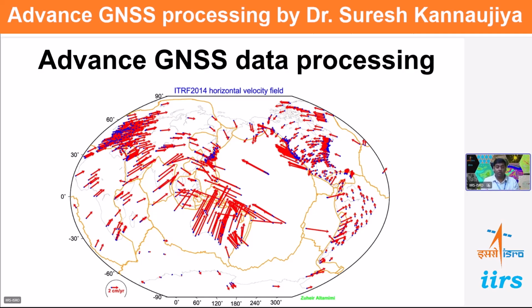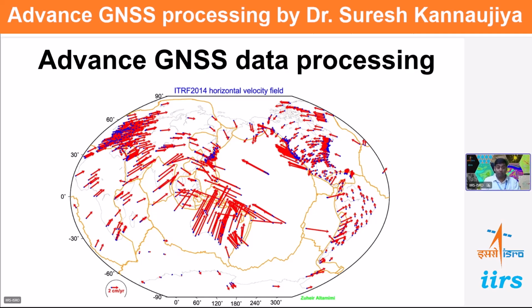These are the variations in the velocity vector, and you can see the azimuth is also different for different vectors, because all the plates are moving in different directions and with different magnitudes.